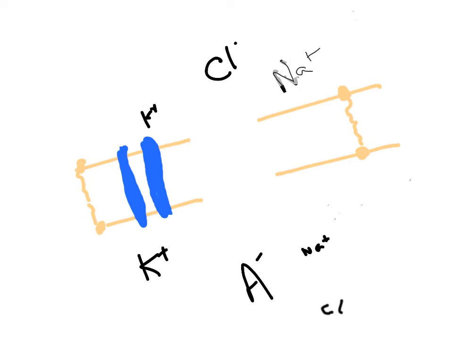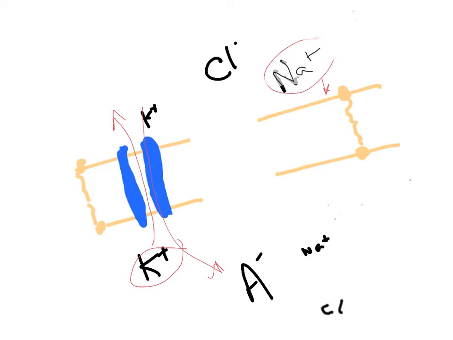And while the membrane is relatively impermeable to sodium, meaning sodium has a difficult time getting through, the membrane is relatively permeable to potassium, meaning potassium can flow through the membrane either to the outside or back to the inside. These ion channels are called passive or non-gated ion channels.